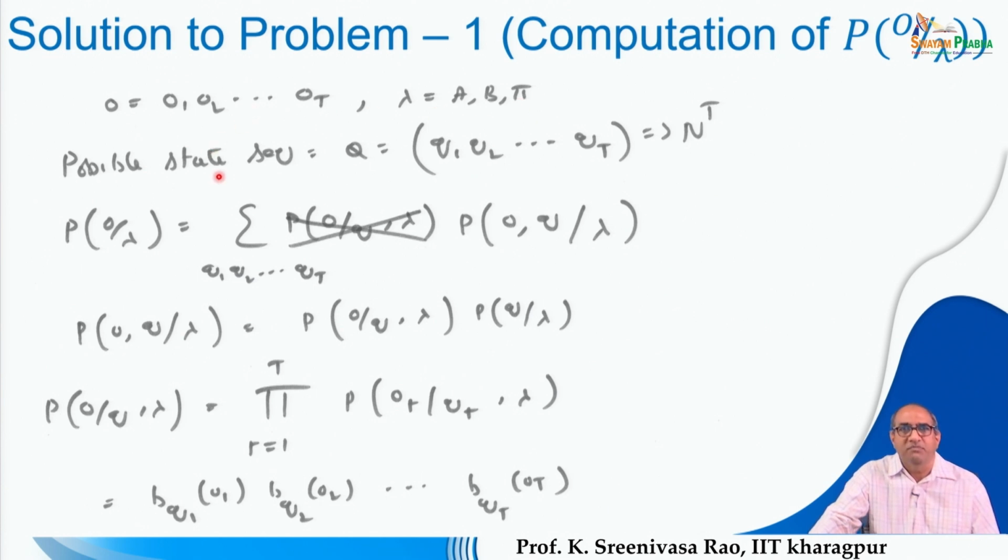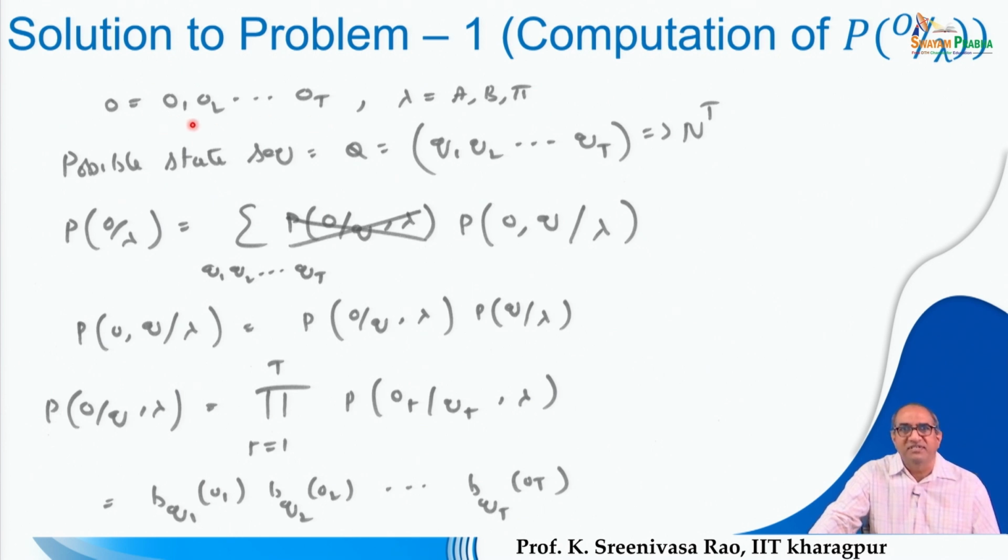The sequence length is capital T, and the observations are O1, O2, up to O capital T. From this, how many possible state sequences can be realized for the given observation sequence?